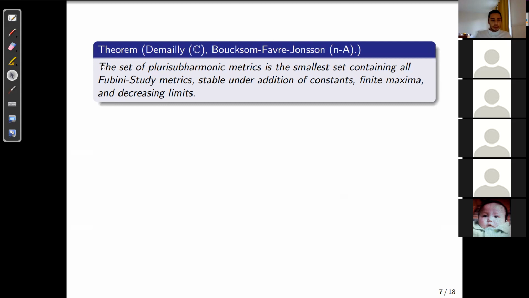The set of plurisubharmonic metrics can be realized as the smallest set that contains all Fubini-Study metrics, that is stable under adding constants to your metrics, closed under taking finite maxima, and also under taking decreasing limits. So this is yet another clue that our definition is correct, because this is something that really characterizes them in the complex case, and it turns out to also characterize them in our case as well.